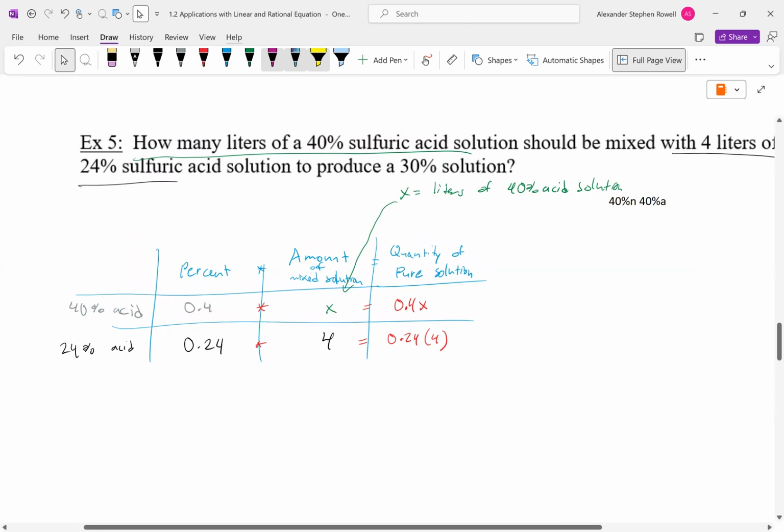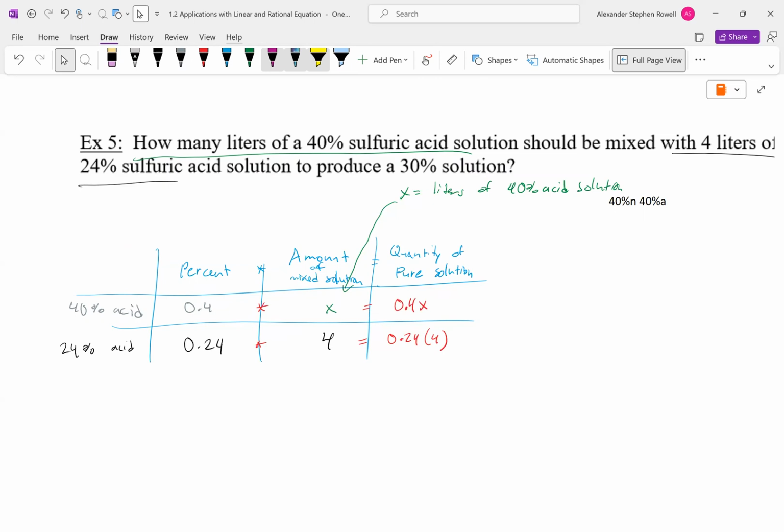So 0.4x, what does that represent? It's the quantity of pure acid in this 40% solution. This bottom box is the quantity of pure acid in the 24% solution. So we need to relate those in an equation.